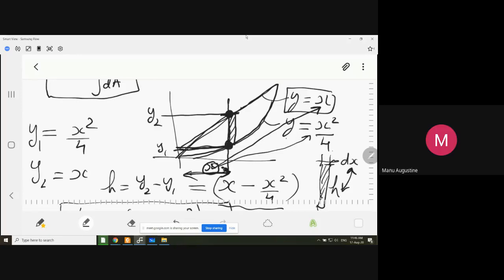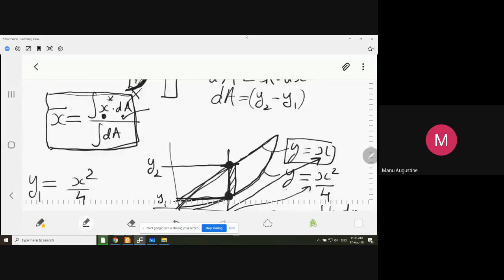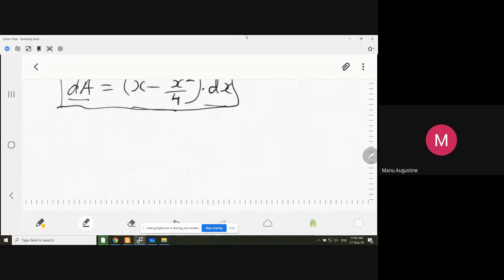So dA has been obtained, and this is the formula we wanted to apply for x bar. So dA is ready. Now we want to find out the value of x star. So look at this image. This is the strip.